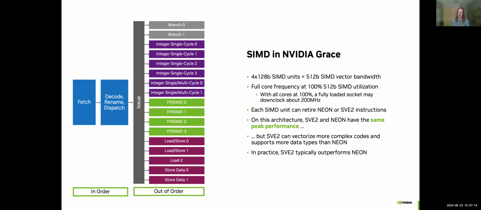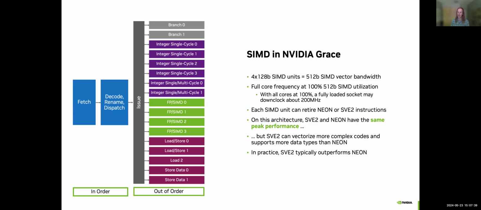The other thing we see is in practice, for a lot of microarchitectural reasons, SVE does tend to slightly outperform Neon. So the takeaway here is if you are writing low-level SIMD code and you are using Neon, you're probably okay. You can continue using that low-level Neon code on Grace and getting close to peak performance.